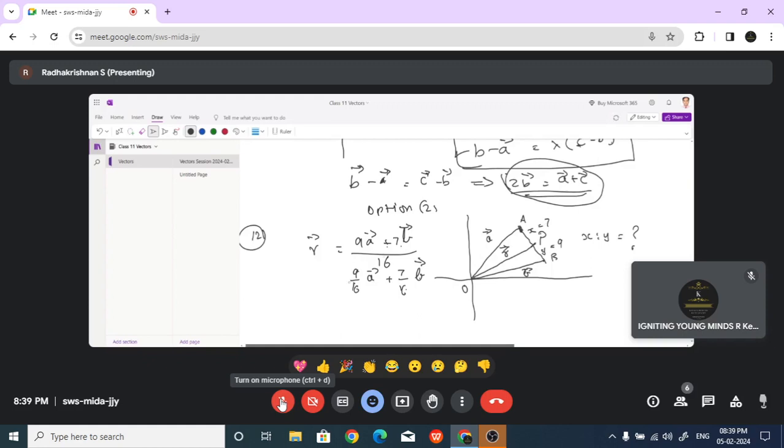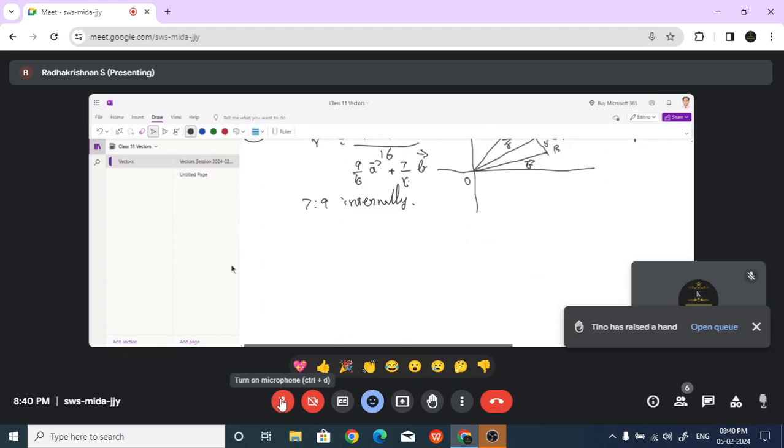So the coefficient of A, you put it on the B side. If it divides in the ratio 7 is to 9, from A to P is 7 and P to B is 9. So 7 is to 9 internally.